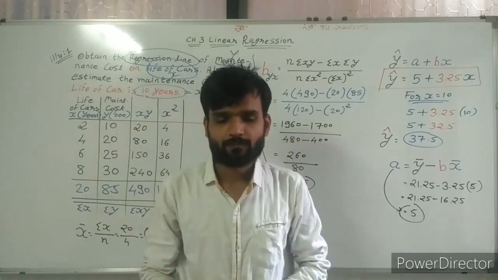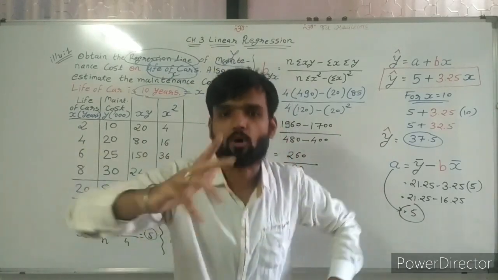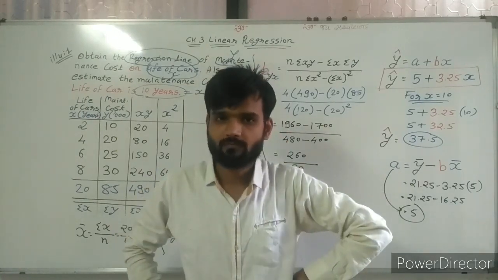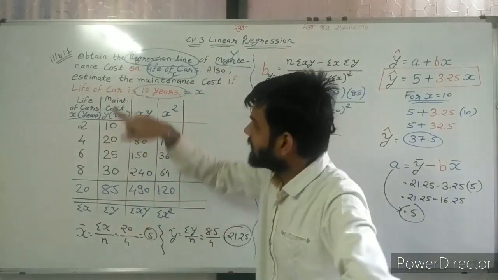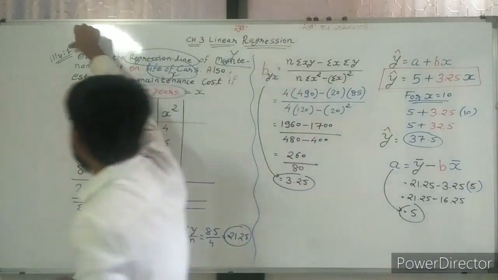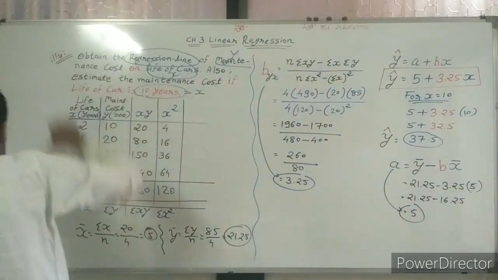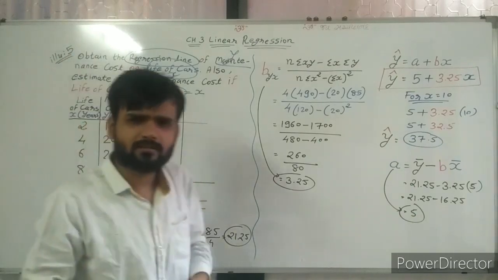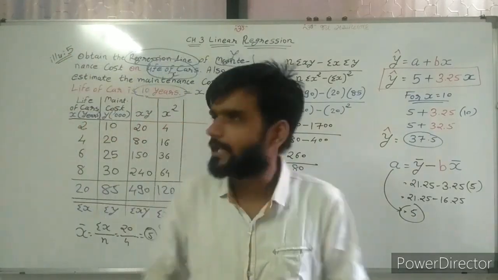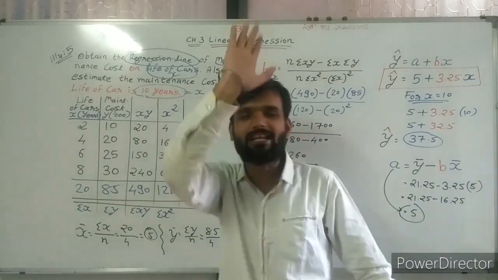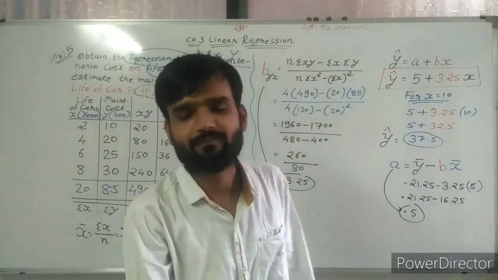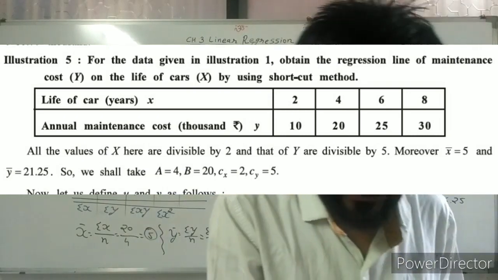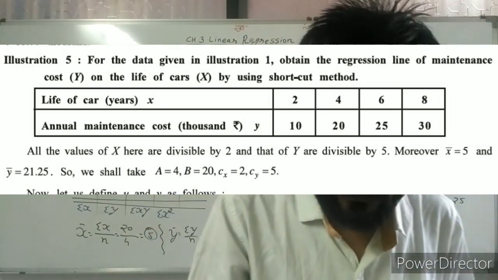Now, sir, we are doing the next sum also. And that sum is illustration number 5. This is illustration number 1. Now we are doing illustration number 5. So what is in that sum? Same sum. No change is there. Question is same. I am reading the question so that you can understand very easily.